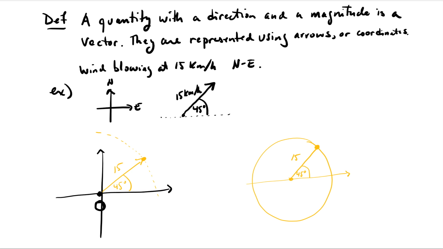What would be the coordinates of this point? Well, if it's a unit circle, the coordinates would be cos of 45, sine of 45. But right here, this circle has been magnified by a factor of 15, which is the value of the radius. It's 15 times bigger, so every coordinate is 15 times bigger as well. So the coordinates of the head of our vector are 15 cos 45, 15 sine 45.